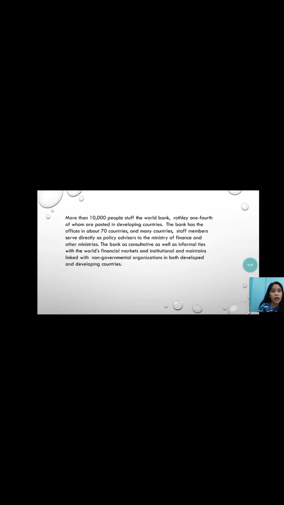The bank has consultative as well as information ties within the world financial market and institutions, and maintains links with non-governmental organizations in both developed and developing countries.